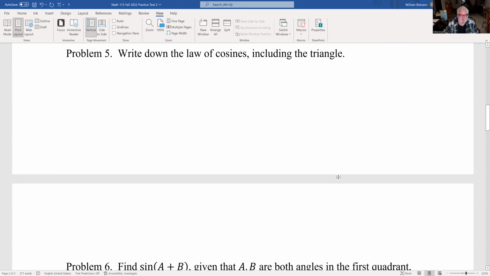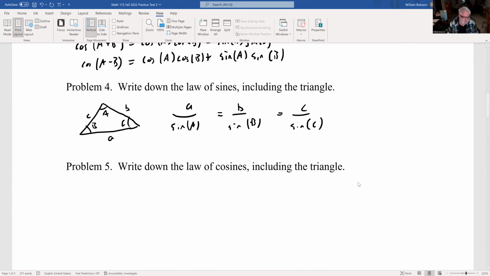Law of cosines, same triangle. Angle A. Oops, sorry about that. Don't know what the heck was going on there. We'll just clear some of that out. So angle A, side length a, B, b, angle C, side length c.